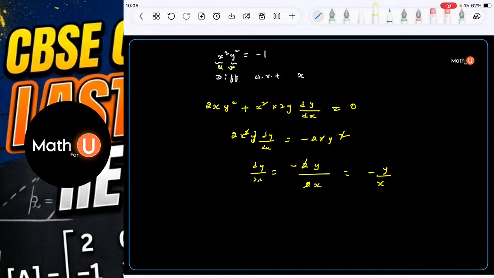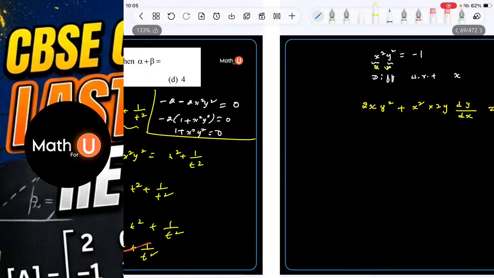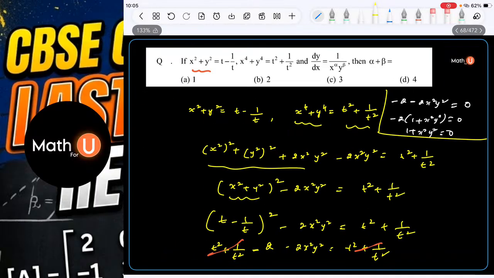x square differentiation 2x, y square, plus x square as it is, y square differentiation 2y dy is equal to 0. Okay, it's fine. Then finally what we can take common is correct.